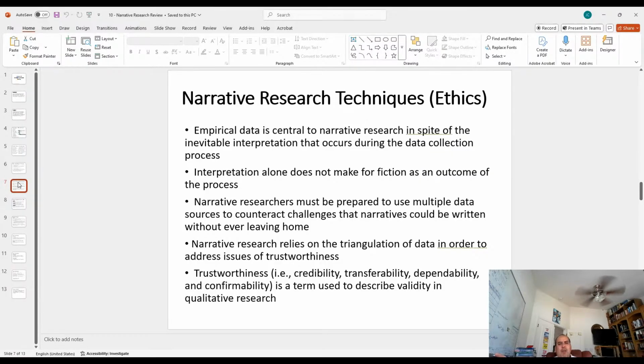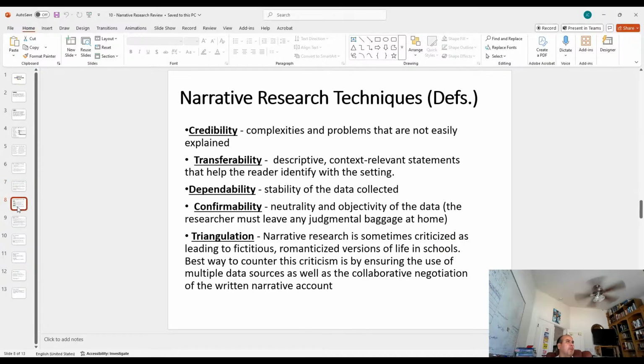Because in quantitative, we have the term generalizability. We want to make sure that our study is generalized to other populations. In qualitative, you have the word trustworthiness. And if you all want to look further into this term, I would ask AI, what does trustworthiness mean for qualitative research? See what it says. Okay.